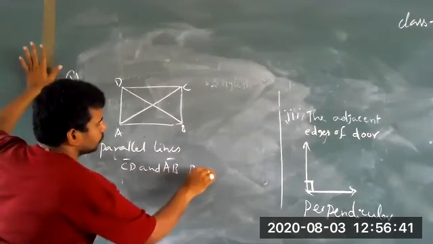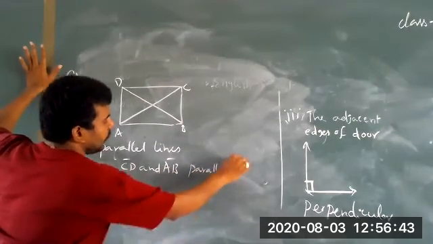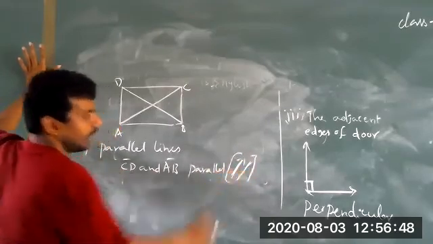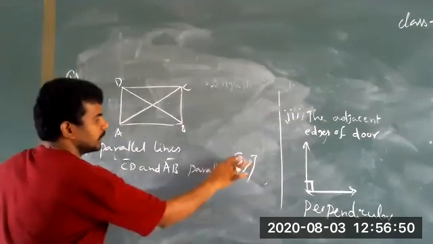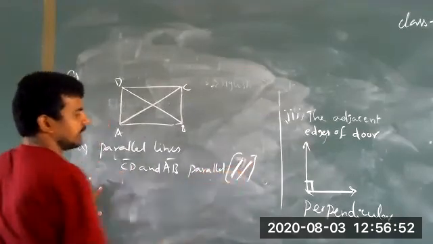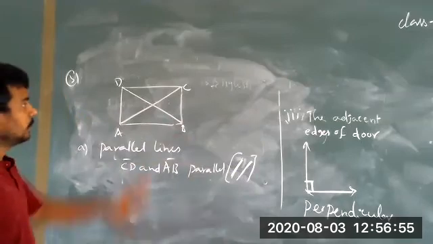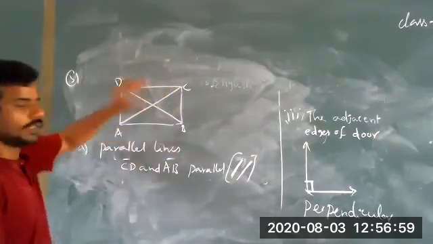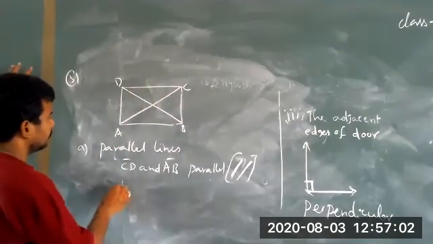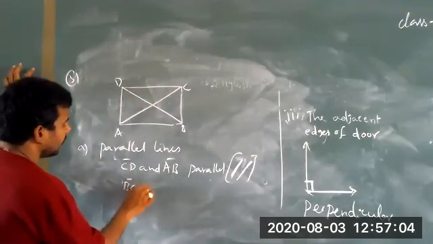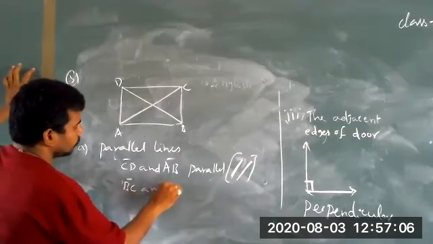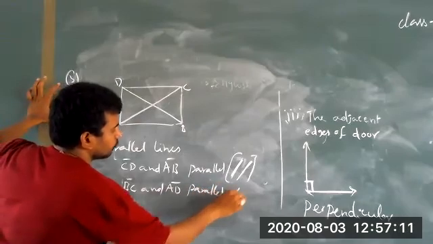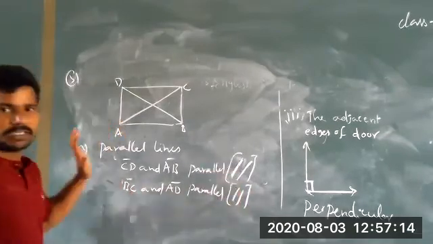Parallel. This is the symbolic form. Two lines you cross like this, so it is called parallel. This is one pair. One more pair, AD and BC, both are also parallel lines. BC and AD are parallel. Clear?